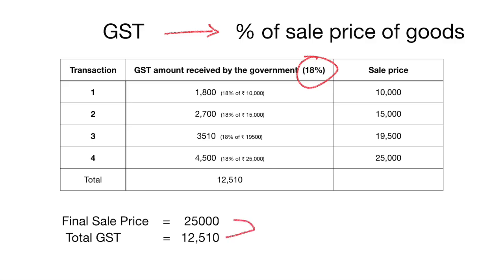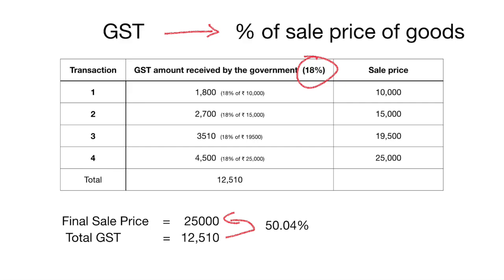Correct? Okay. But here is a problem. This total GST as compared to the final sale price of the goods is not 18%. But it comes to 50.04%. That means the government in the end has received a total of 50.04% of GST on this particular goods.